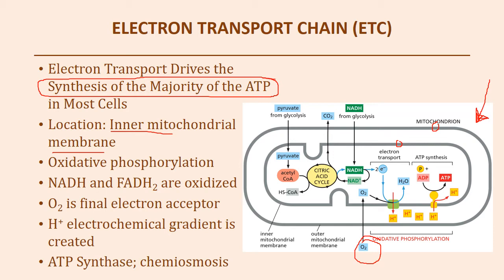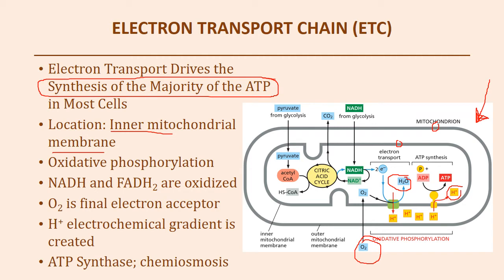The second thing is that because you're using oxygen, you'll be able to generate water as your waste product. Now, as this is occurring and the electrons are being passed from donor to acceptor, the bursts of energy being released are eventually used to pump protons, these little H plus molecules you see pictured right here, across the membrane.